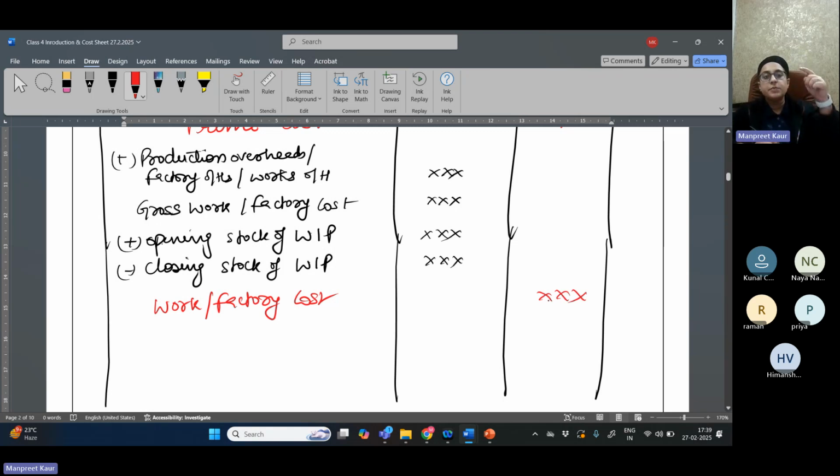Prime cost is direct expenses plus direct labor plus direct material. Material, labor and expenses directly is equal to prime cost. Add production overhead, adjustment of WIP opening and closing, we get the factory or work cost.